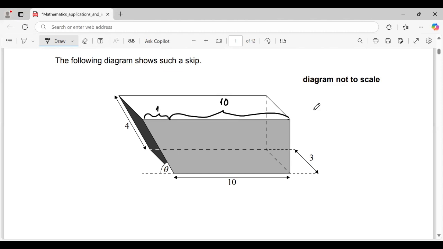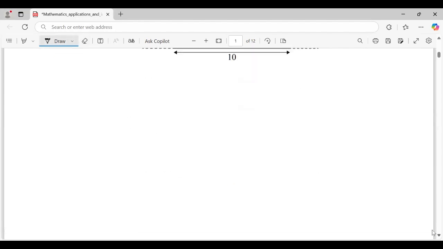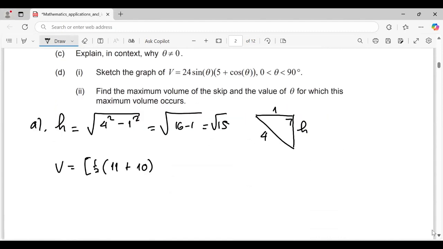So that's why it becomes 11. 11 plus 10 times the height, square root 15, multiplied by 3, the width.